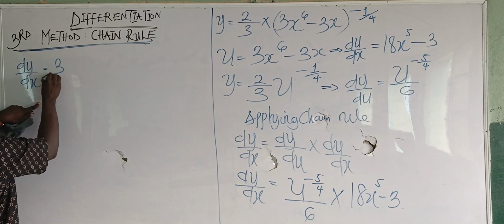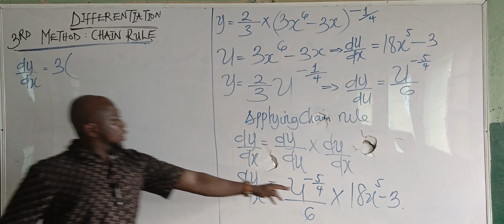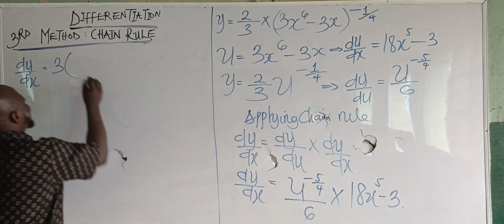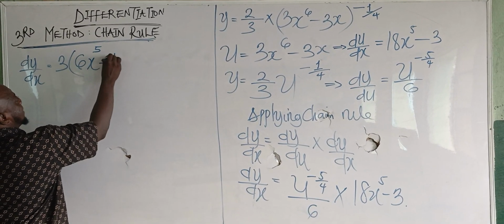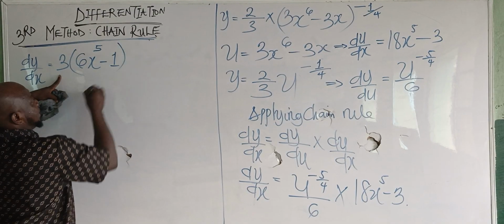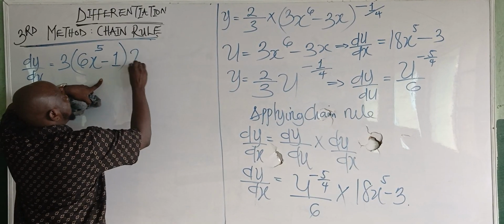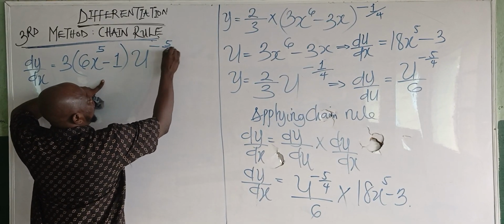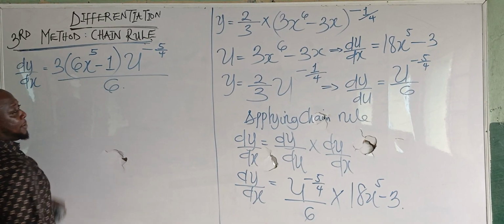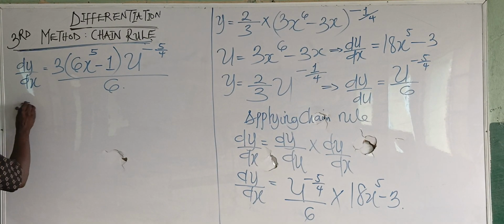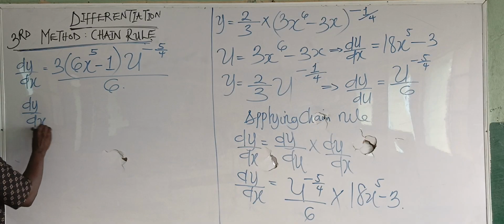I'll bring 3 out first. So 3 divided by 18, I'll have 6x raised to the power of 5 minus 1. 3 divided by that 3, there is 1. So all raised to the power of u 5/4, then all of this one will give us over 6. That's what I'm having.